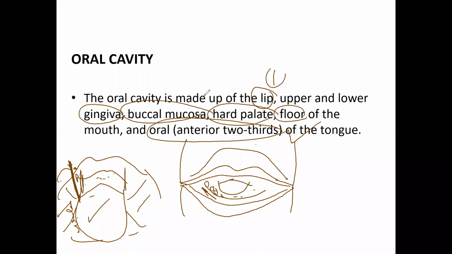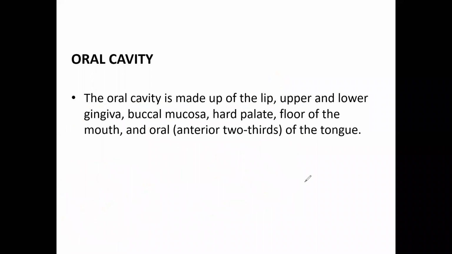So 1, 2, 3, 4, 5, and 6. Almost six structures that all become your oral cavity. You should keep all these things in mind. This is very important. I have revised it only for the sake of understanding the things, so you can understand the things like that.